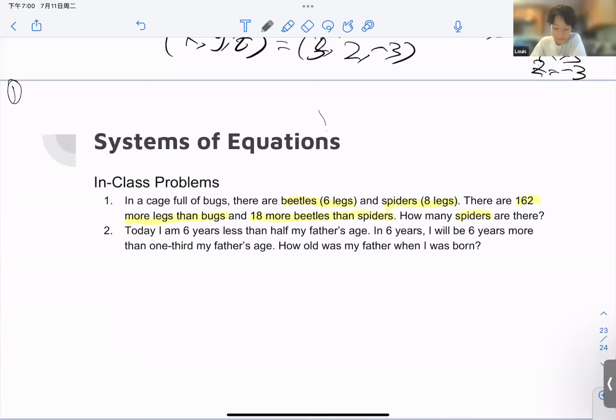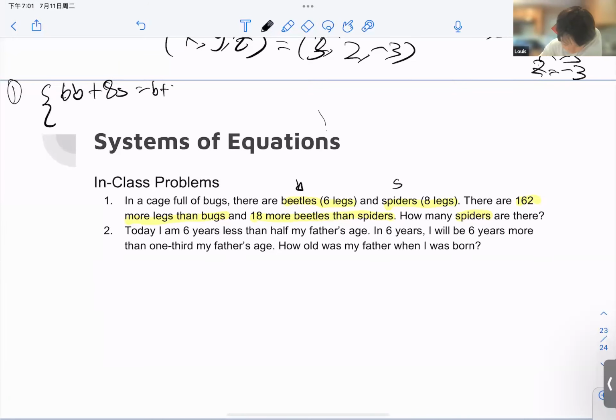So, for this problem, we can just have a system of equations. Suppose there are B beetles and S spiders. And so we have 6B plus 8S equals B plus S plus 162.